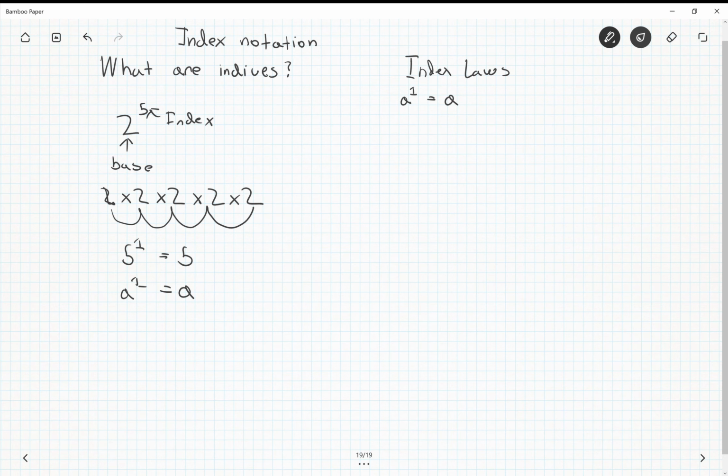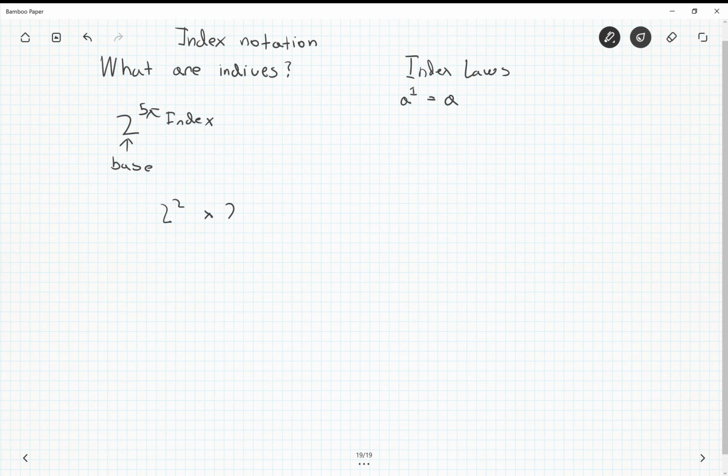Now, another thing we need to mention: what if we have a question like 2 to the power 2 times 2 to the power 3? What would this equal? Well, we can obviously evaluate it one by one, but this also leads us to another index law, and that is a to the power m times a to the power n equals a to the power m plus n.